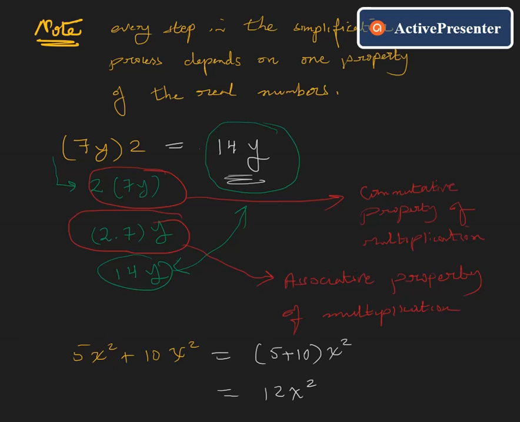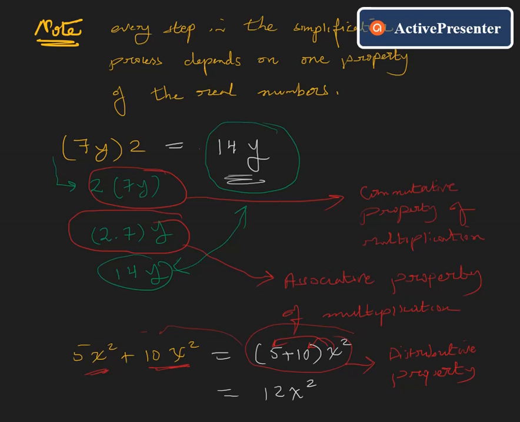So what is this property? It is the distributive property. It's exactly like multiplying x square in 10, which is here, and multiplying x square in 5, which is here. So it is the distributive property.